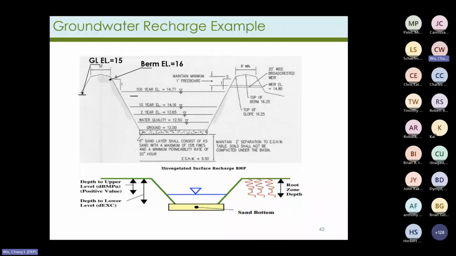And because this BMP doesn't have vegetation on the bottom, the vegetated ground surface in this case is not on the bottom. It will be the surrounding ground of the BMP. So the DBMP will be positive, and the DEXC will be from the bottom to the ground level of the surrounding area.